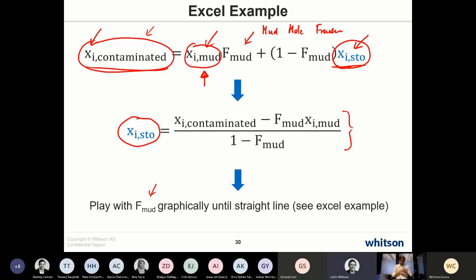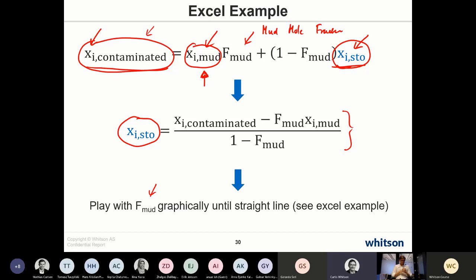Yeah, in that case, we've had a couple of cases like that, one from Gulf of Mexico, one from West Africa. The regression to get the reservoir fluid molar distribution is done as follows: you have the mud composition, you have the measured composition.